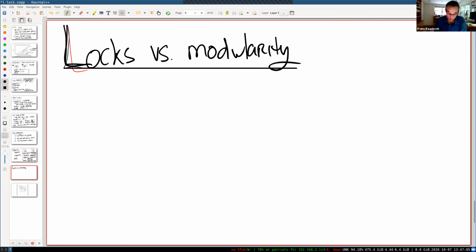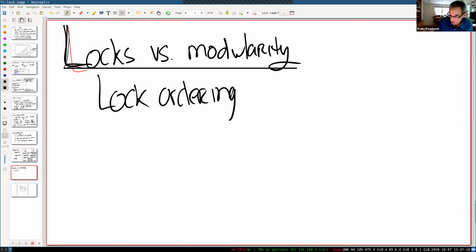If you think about the lock ordering, it has to be global.